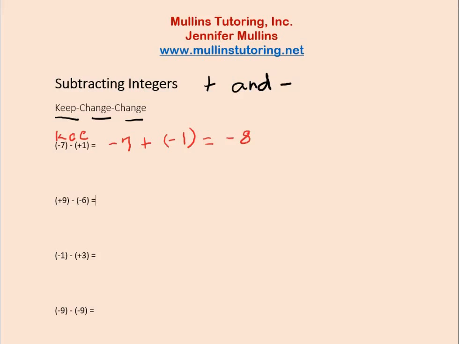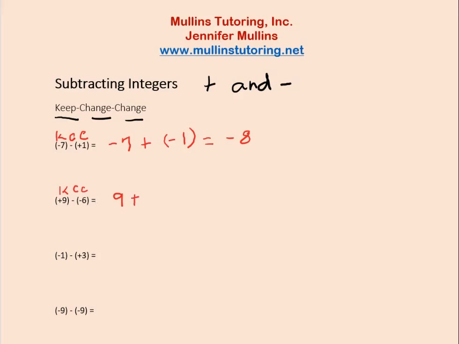Let's look at the next problem. So we're going to do the same thing. It's going to be K, C, C. So I have +9, so that 9 is going to stay positive. My next sign is a subtraction, so I'm going to make that a positive.